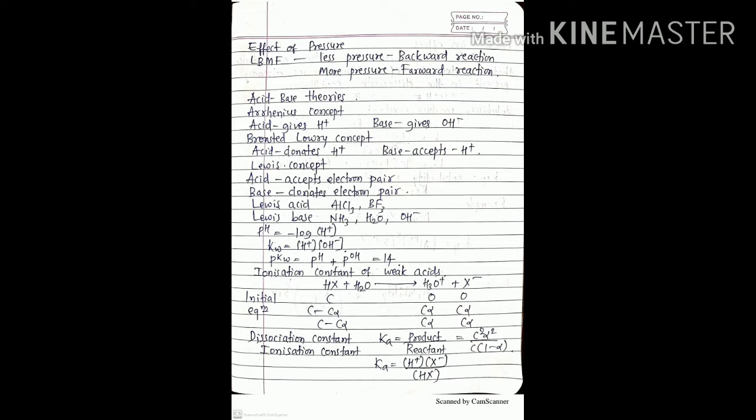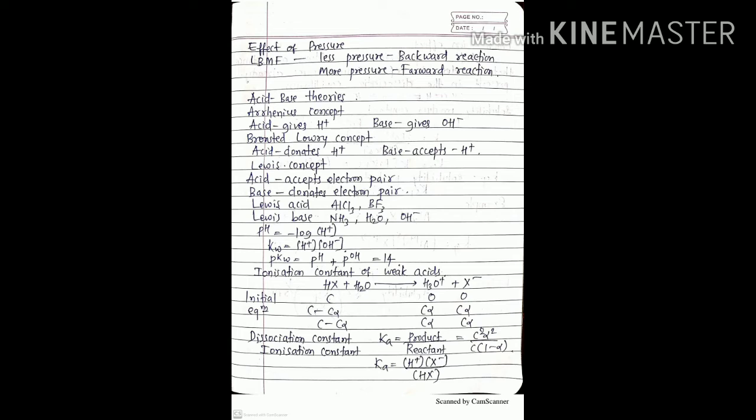Ionization constant of a weak acid. Let us consider the reaction HX plus H2O gives H3O+ plus X-. Initial concentration is C, and the H+ and X- concentrations are 0.